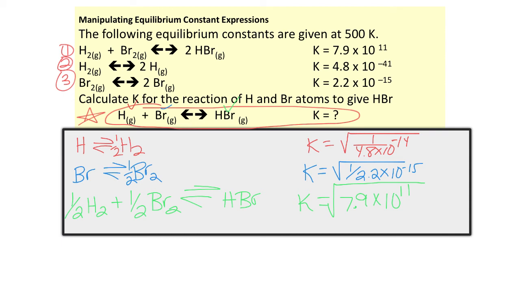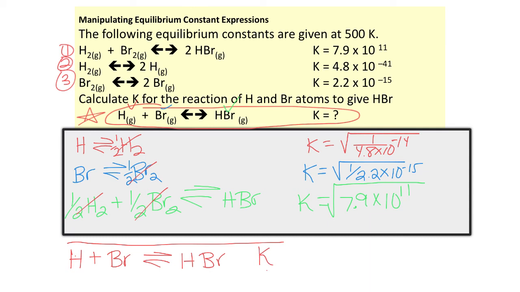If I want to check that I am getting the correct reaction, I can do that. H plus Br. The half H2s and the half Br2s would cancel, and that would make HBr. In order to find the overall K, I would take these 3 Ks and multiply them together.